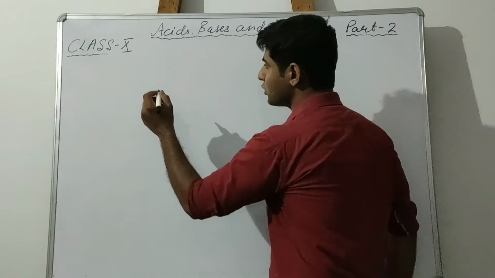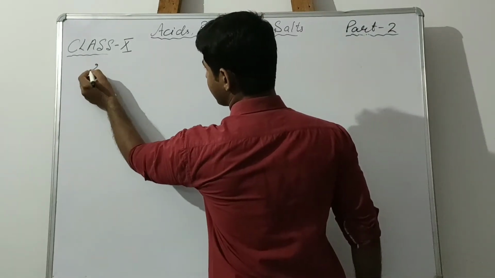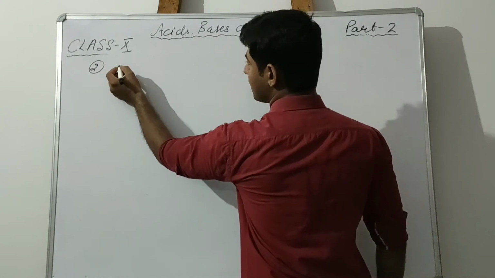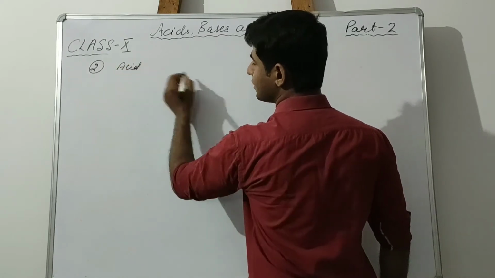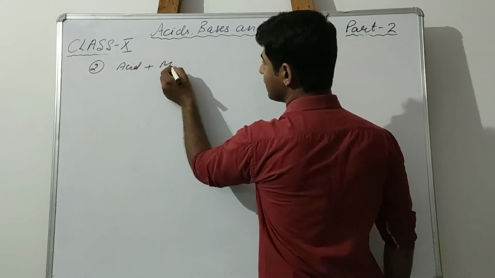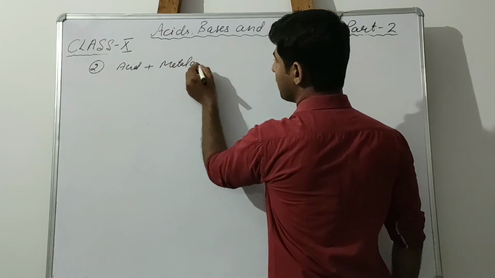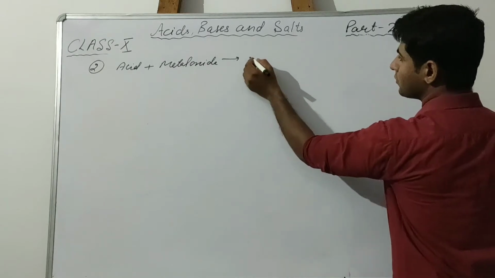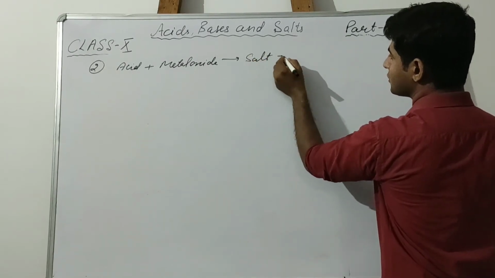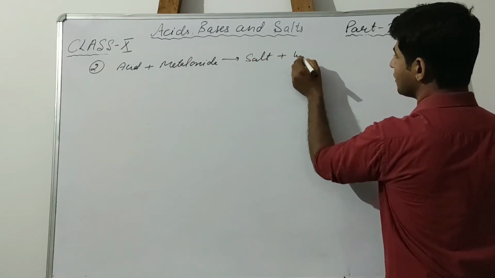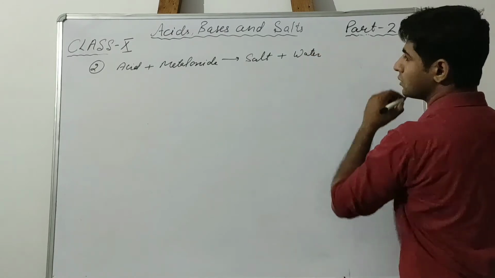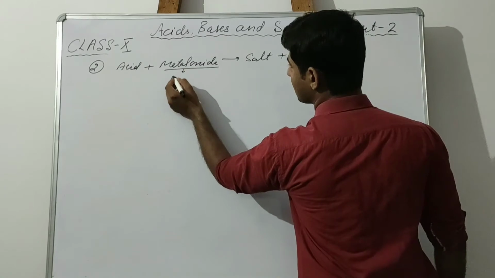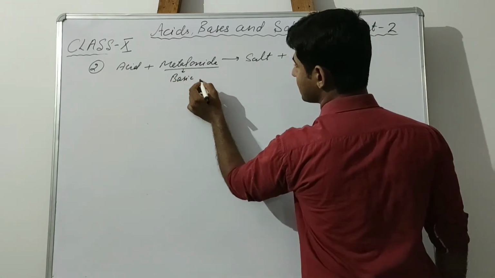So the next property of acid, the second chemical property, is that acid reacts with metal oxide to form salt and water, because these metal oxides are basic in nature.